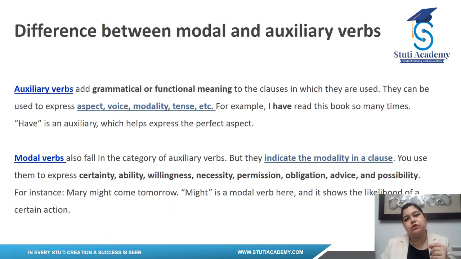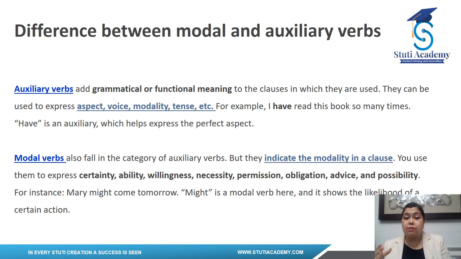Now the difference between a modal verb and an auxiliary verb. Auxiliary verbs add grammatical and functional meaning to the clause in which they are used. They express aspect, voice, modality, tense. For example, on the slide, it is, I have read this book so many times.